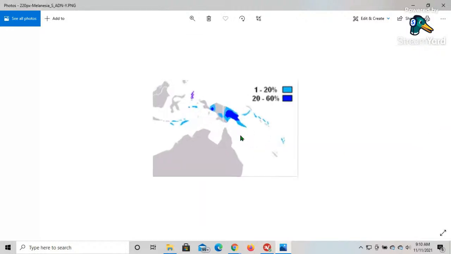So not necessarily in the right order. This is S in Papua New Guinea, the New Guinea part. The other one would be M, would be the other half of Papua New Guinea.